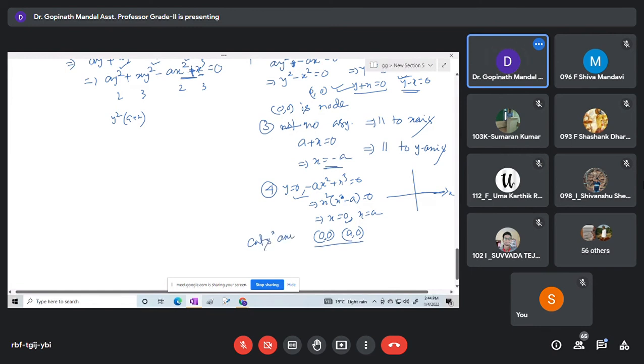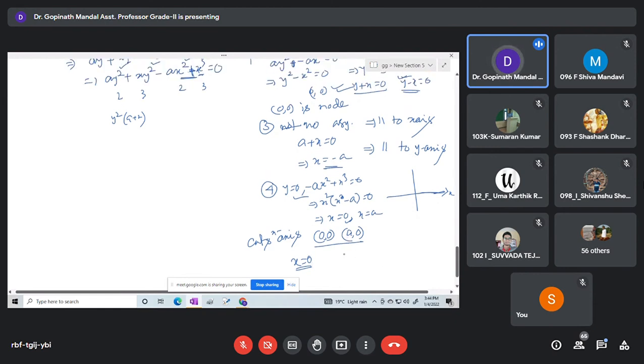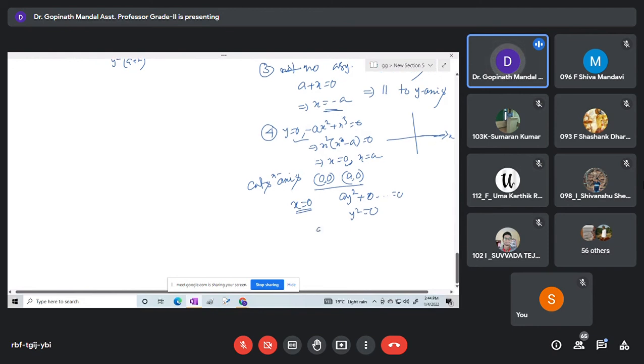And to find the points where it cuts the y-axis, put x equal to 0. Then the equation will be ay square equal to 0. That means y square equal to 0, that is 0, 0. So it cuts the y-axis at 0, 0. So we get the intersection points.